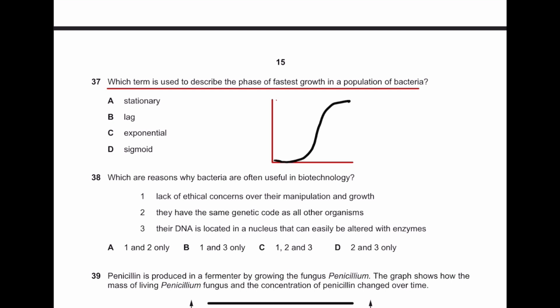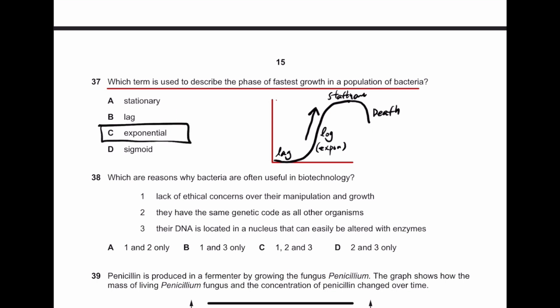And there are different parts in this sigmoid curve, which consists of lag phase, log phase, stationary phase, and there's also death phase. So log phase means exponential, and of course the fastest growth in population is shown by the exponential part, right? The log phase. Hence, the answer should be C.